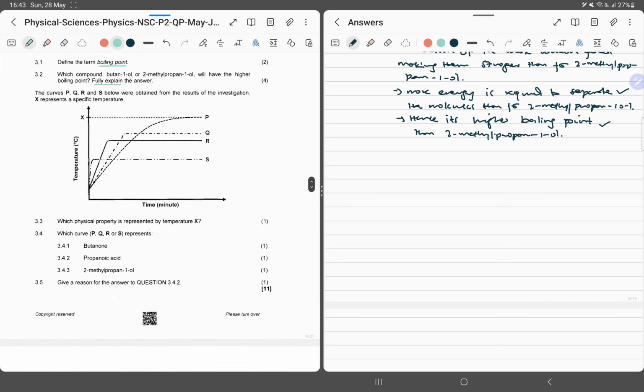So we're told here the curves P, Q, R, and S below are obtained from results of the investigation. Okay, so what do we see here? Remember from grade 10, in the heating curve, when the curve goes flat, this is when there's a phase change. Okay, remember that.